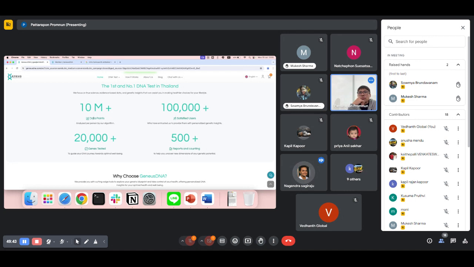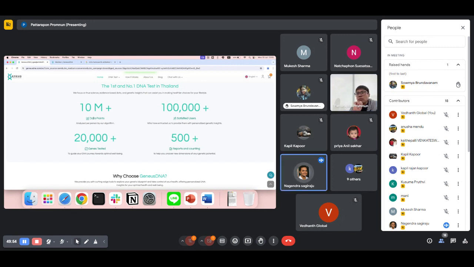Okay. And one more thing, you talked about the data security about Illumina, that they're storing it in some cloud. How about Geneus DNA? Geneus DNA itself? They are storing this data in their cloud, and how they are going to use this data is in future when they are doing any new researches.